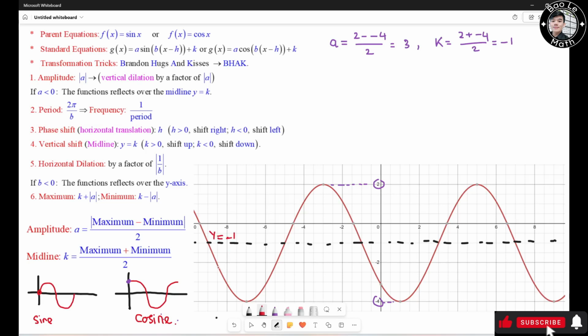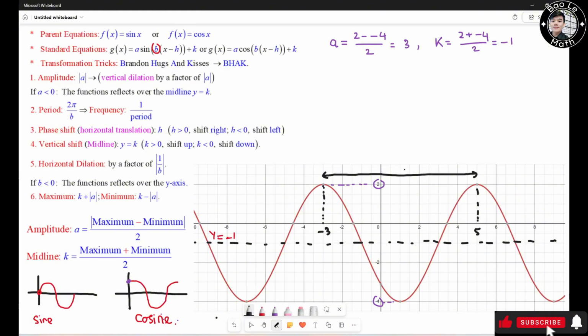Now, I need to find the value of B, right? So the value of B depends on the period. So the period is the distance between two maxima or two minima, right? So the period is from here to here. So it's going to be -3 to 5, right?